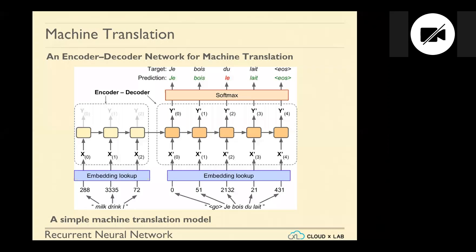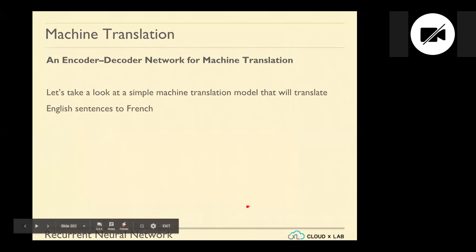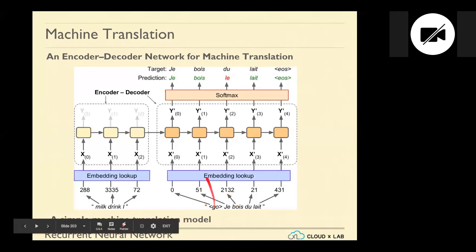Basically, the encoder decoder network for machine learning looks like this. Here we are feeding the English language. Here we are feeding the Spanish. I think this is French. We're feeding French, and then here it's generating the translation. During the training time, we feed the input, and here we are feeding the French twice.